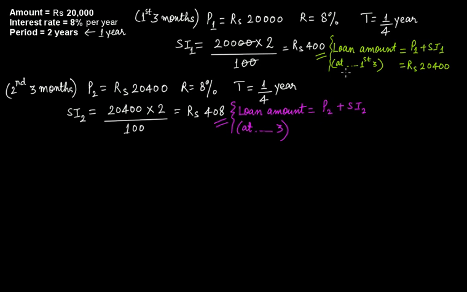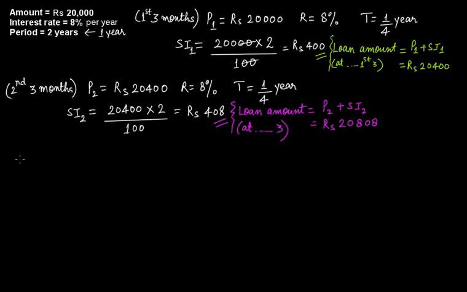P2 is actually equal to P1 plus SI1. So this loan amount is nothing else but P1, that is the initial one, plus the first interest that you calculated for the period of the first 3 months, plus SI2, P1 plus SI1 plus SI2, right? This is the loan amount that you owe to the bank at the end of the second period of 3 months. So if you add them together, you'll get rupees 20,808.